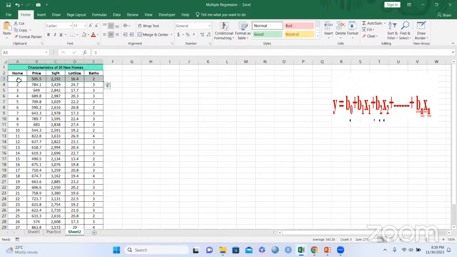The second house's price is 784, very high compared to the first house, and the square feet is more, 3429, the lot size is also more, and baths are also more. Since all are more, obviously we can expect a higher price. Coming to the third house, it is $649, comparatively higher in square feet, with a small deviation in lot size and baths.